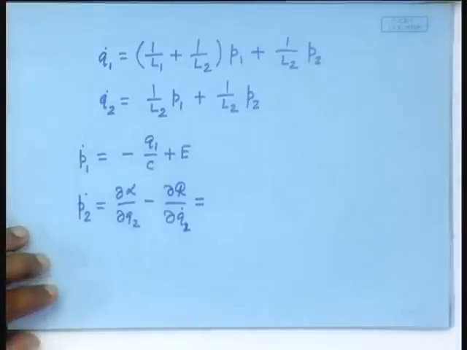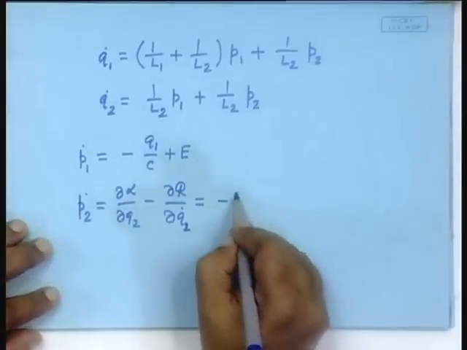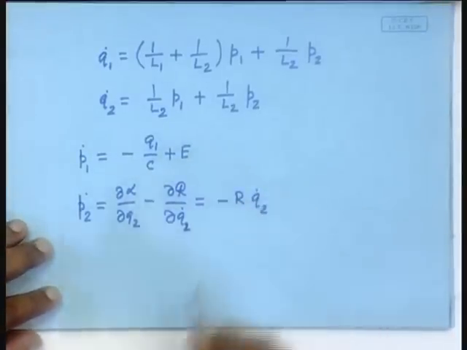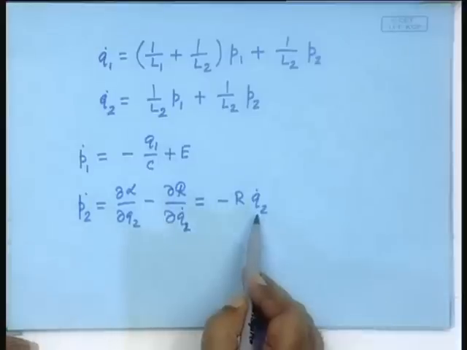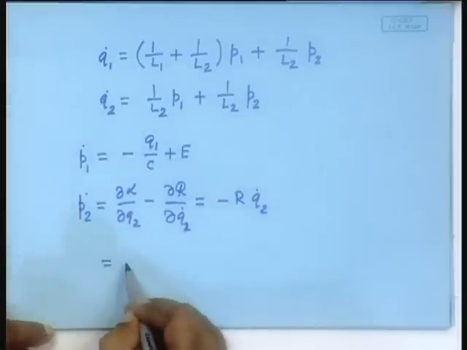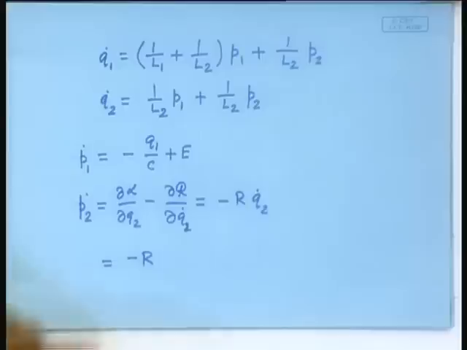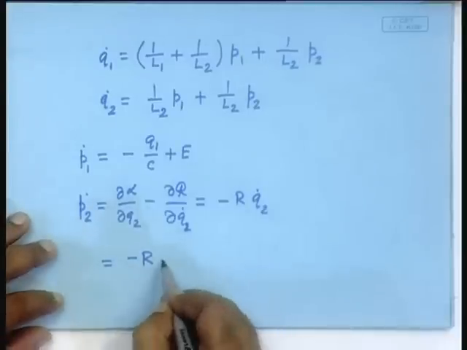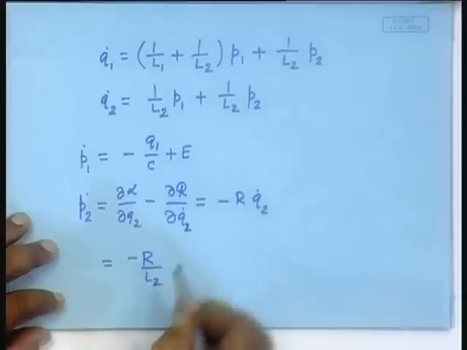So, it is minus R q2 dot, but now you have q2 dot in the right hand side, that will have to be substituted. So, just put it in here. So, it is equal to minus R into all this stuff, R by L2 we can write.